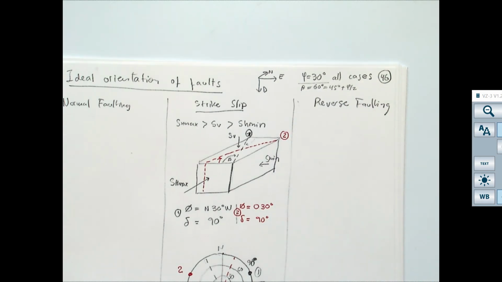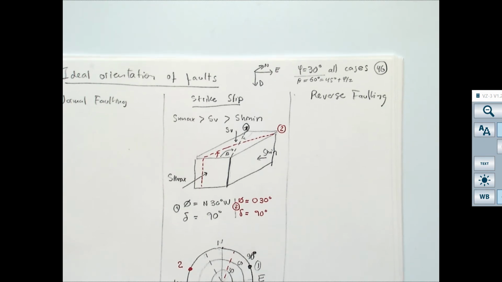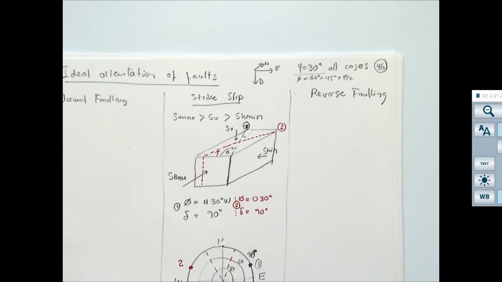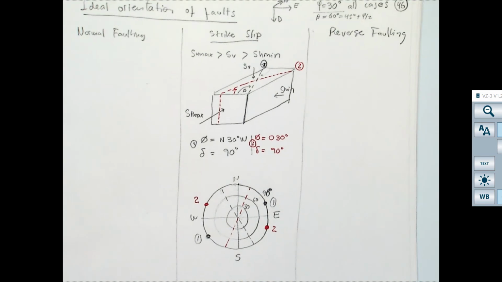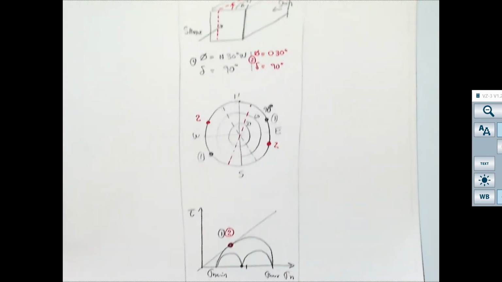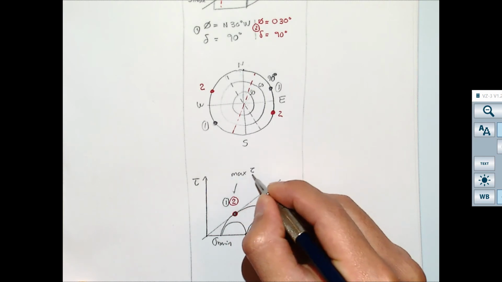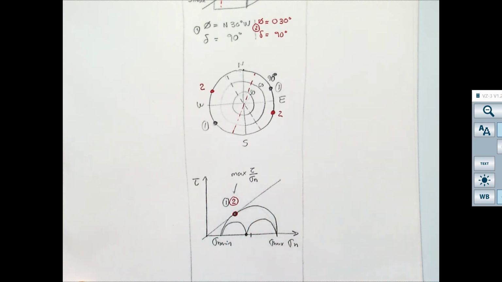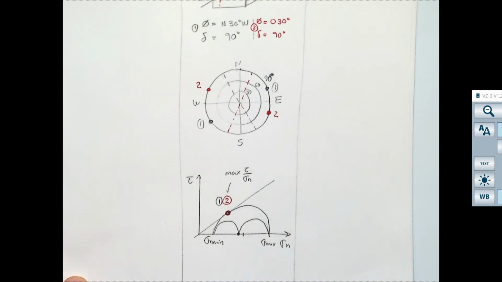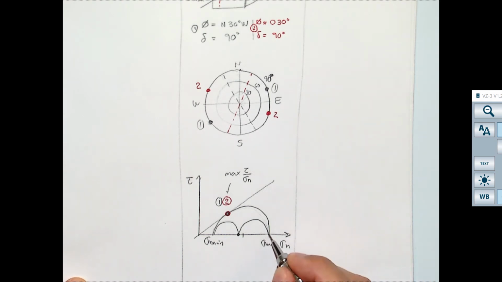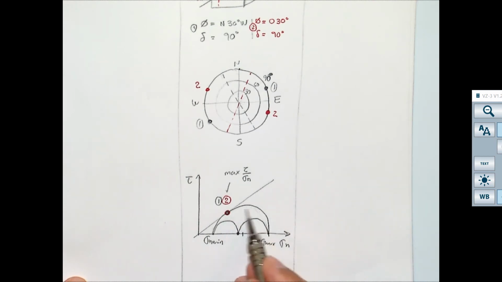And if you remember, we can also get that and see that in the Mohr circle. In the 2D Mohr circle, we said that we're going to find the point of maximum ratio of shear stress to normal stress at an angle of 2 beta from the plane of the maximum stress to the plane of minimum stress. So for now, please just concentrate on this big circle.